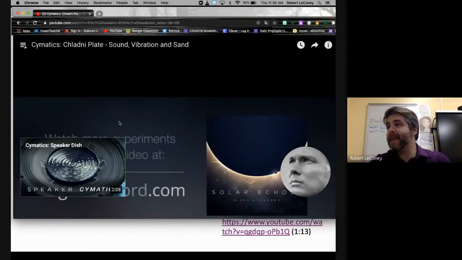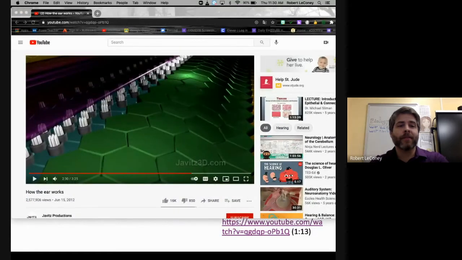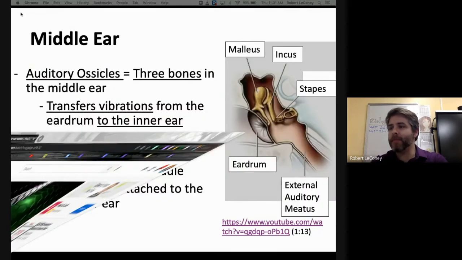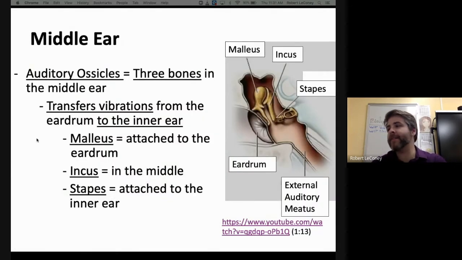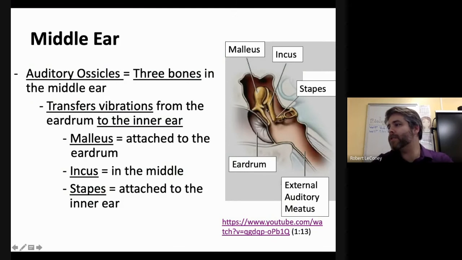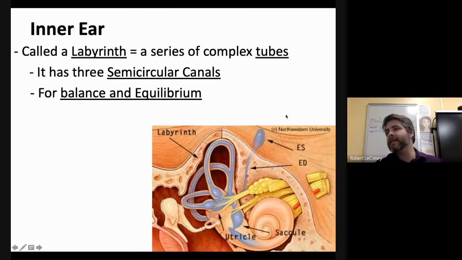And that is how your ear works. Different vibrations, different frequencies vibrate different patterns in your cochlea of your labyrinth, and your brain interprets different sounds out of it. And the bones are going to amplify those vibrations so that your cochlea really gets it.